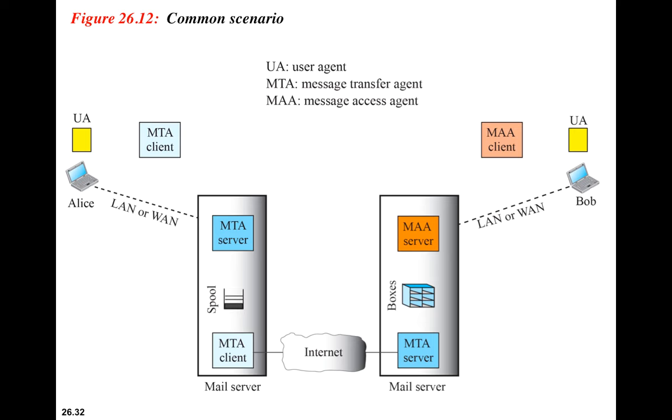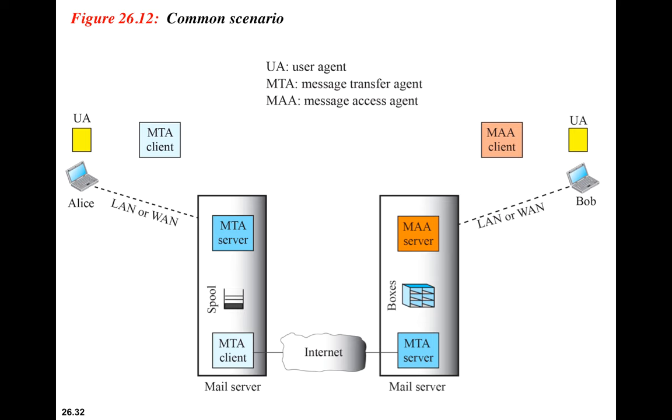Before we get into the scenario, we need to know about the different agents. We have something called user agent. The user agent is installed on the computers of the users. And a good example would be the Outlook client.